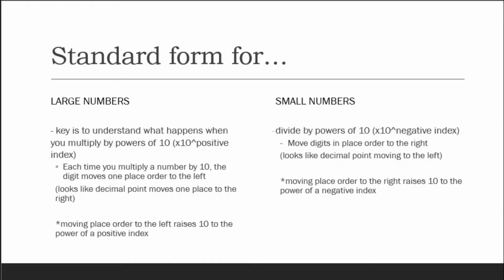But in terms of large and small, sometimes it can be a number that has many places before the decimal point, and small numbers can be a number that has many digits after the decimal point. So moving place order to the left raises 10 to the power of a positive index, and moving place order to the right raises 10 to the power of a negative index.